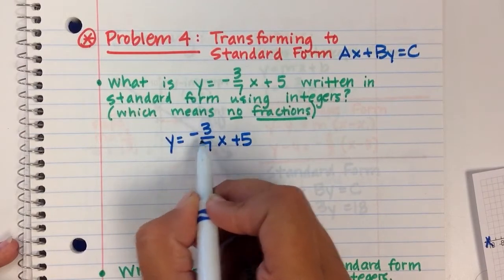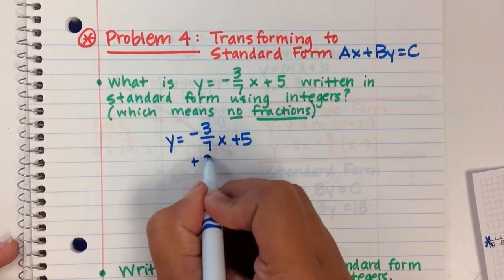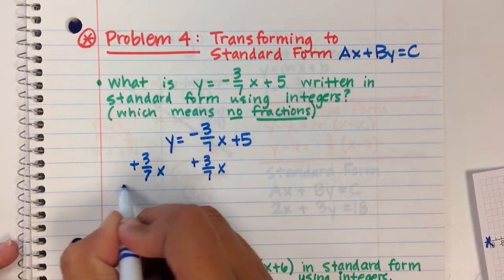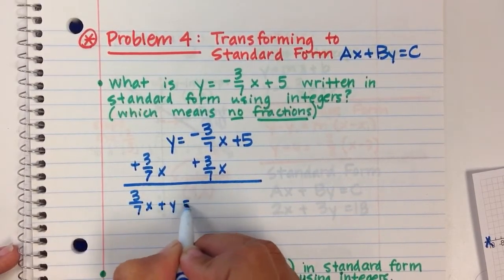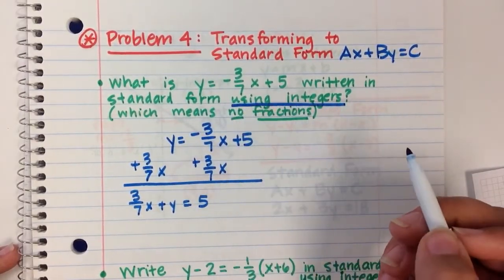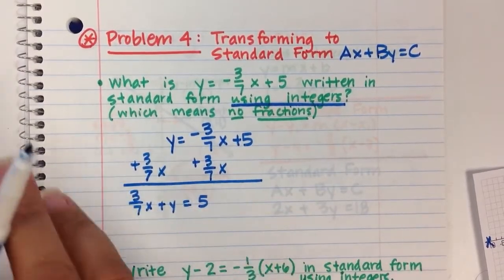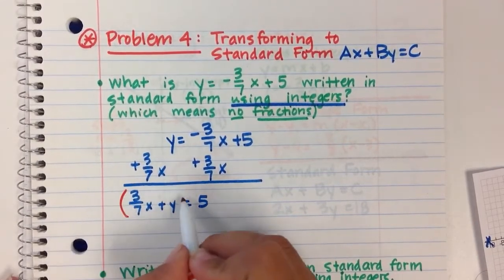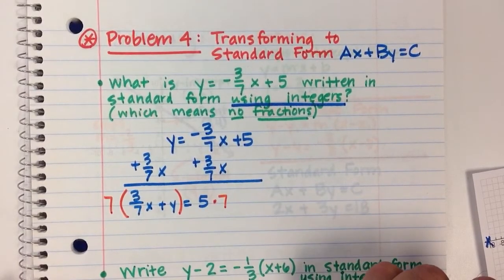Alright, well I have y on the left, so I need to move x to the left. Well, this x term is negative 3/7, so I'm going to add 3/7 x to both sides. And now I've got 3/7 x plus y is equal to 5. But this said using integers, which means no fractions. So I'm going to multiply by the denominator to get rid of the fractions. So I'm going to multiply this whole side by 7 and this whole side by 7.